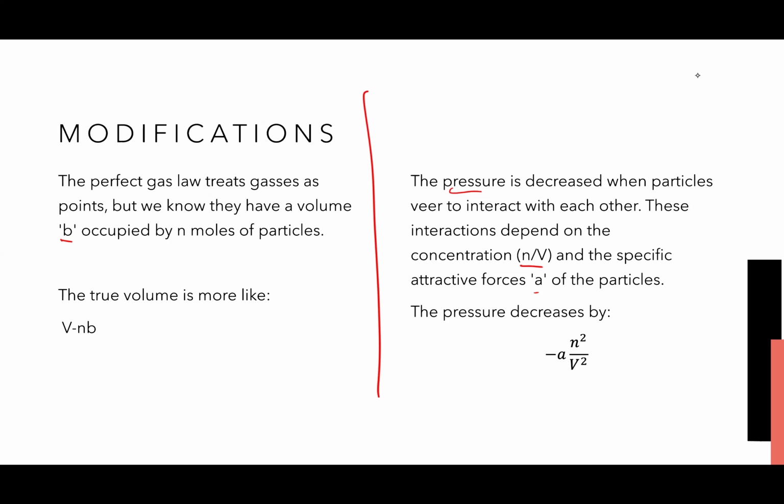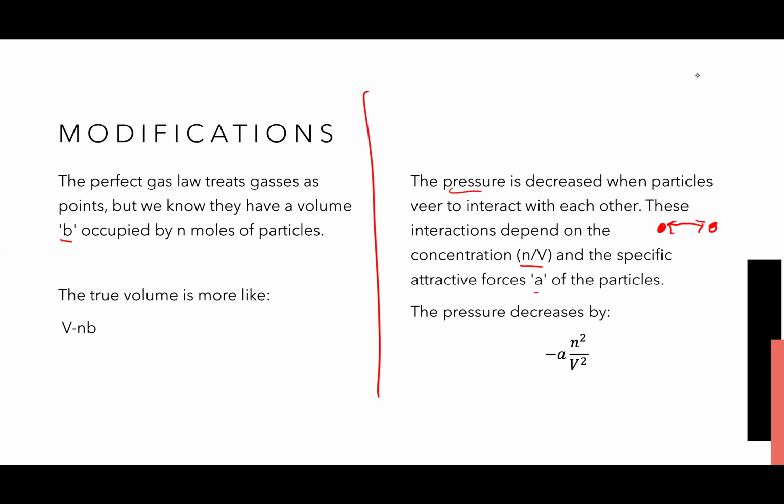All right, so we can say the pressure decreases by a times n squared over V squared. Why is this squared? Because there are two particles interacting with each other, so it depends on the concentration of both.